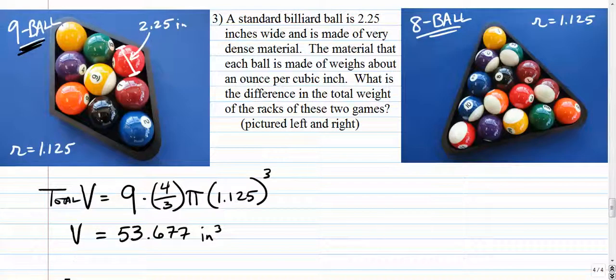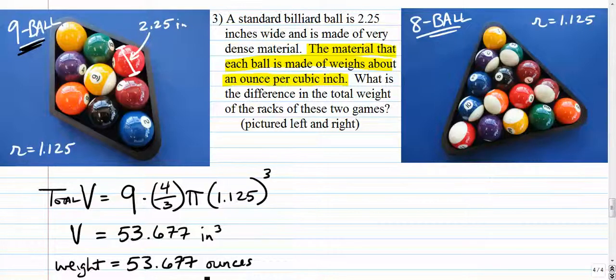The weight of this thing, if it's 53.677 cubic inches, we already said that the material of each ball weighs about an ounce for every cubic inch. So it's about 53.677 ounces. If we're thinking about that in pounds, there are 16 ounces in a pound, so that's about 3.35 pounds.